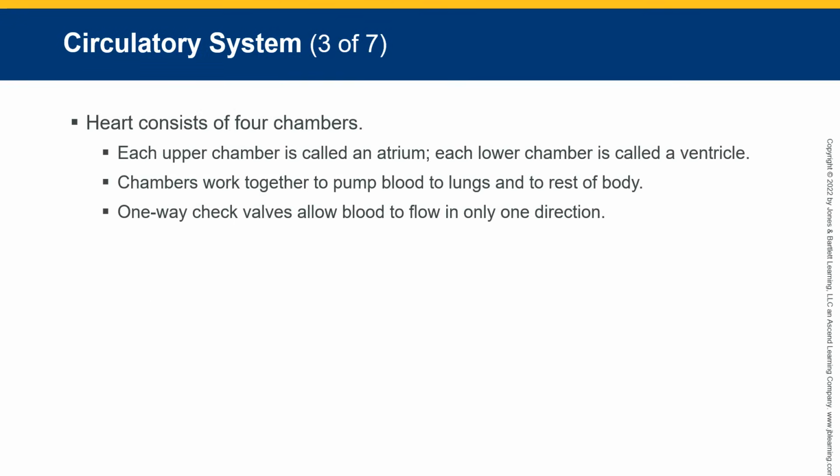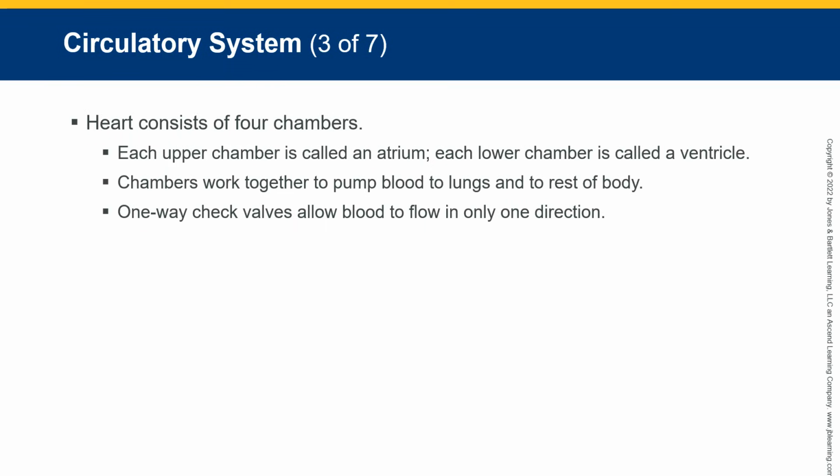The heart consists of 4 chambers, 2 upper, 2 lower. The upper chambers are called the atria, and the lower chambers are called ventricles. The left side pumps out to the body, and the right side pumps out to the lungs. Okay? So the right side pumps to the lungs, the lungs then return it to the left side of the heart.